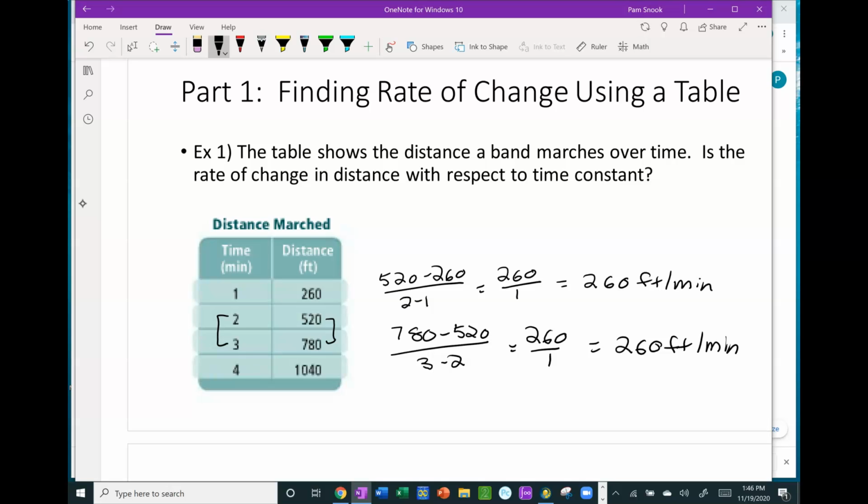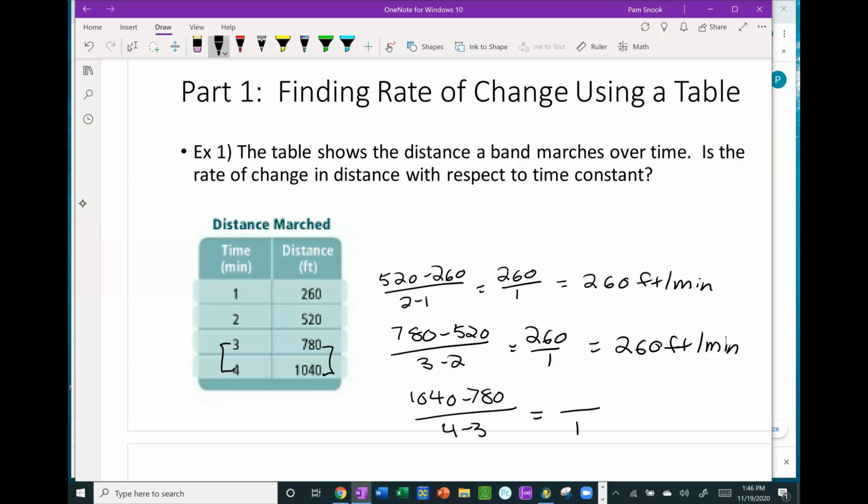Now let's check the last minute from 3 to 4 minutes. So I have 1,040 minus 780 over 4 minus 3.